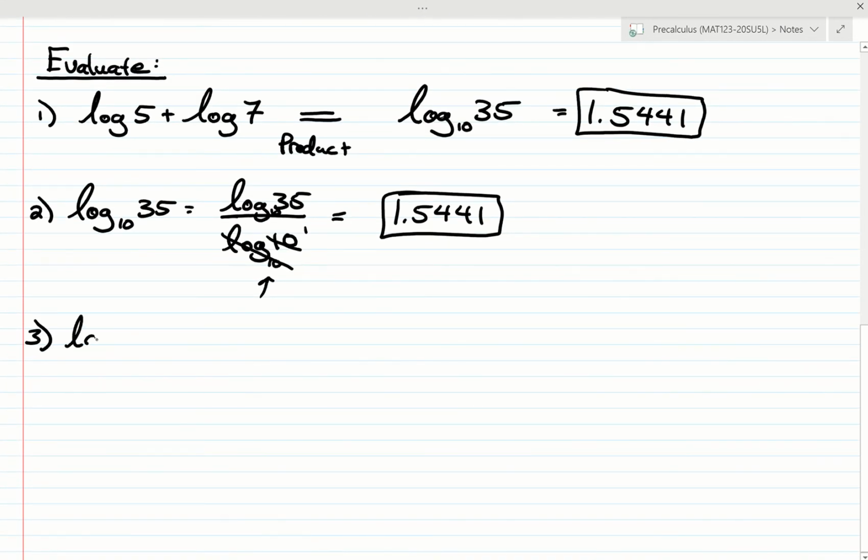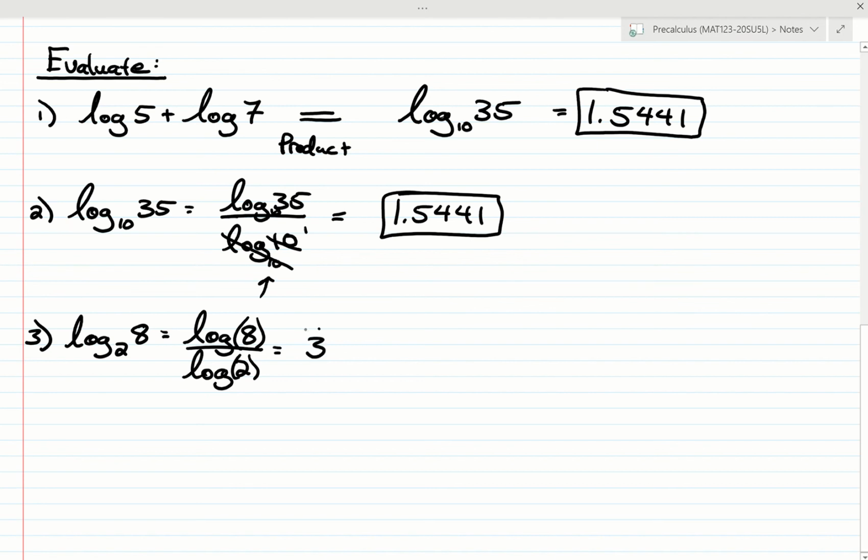What if we had the log base 2 of 8? Well, we could just type into our calculator log of 8 divided by log of 2. And I'd recommend you actually type these into your calculator too. It's good to practice opening and closing the parentheses. So we're going to have log 8 divided by log 2, and this just comes out to be 3.